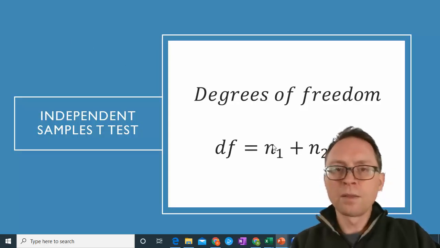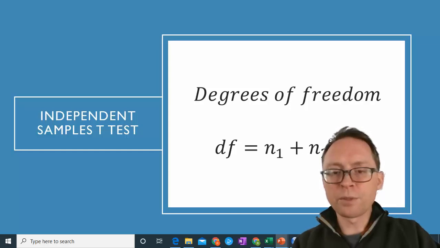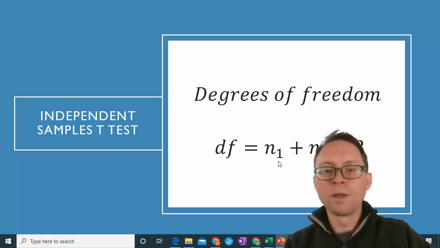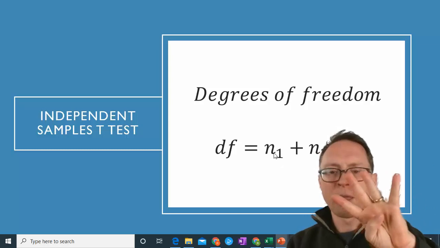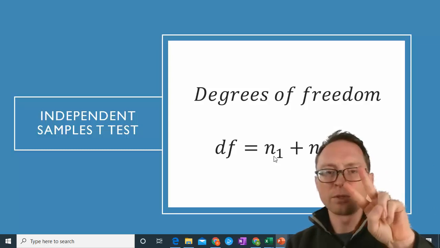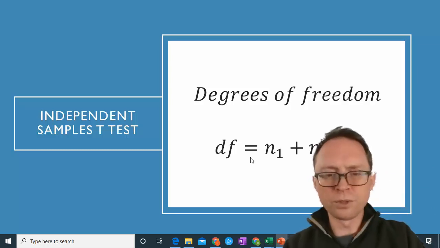So you take the number of people in the first group plus the number of people in the second group minus 2. And that's almost always n of everybody, right? So take the big N minus 2. That's what you're looking for. In this particular case, we had 4 people. So we had 2 psychology majors plus 2 business majors minus 2 equals 2. The degrees of freedom is going to equal 2.